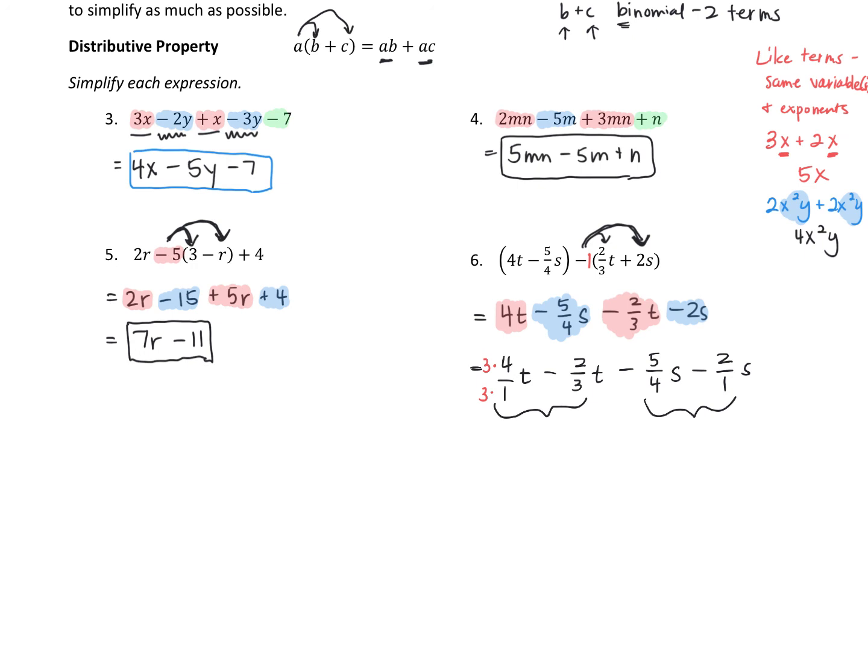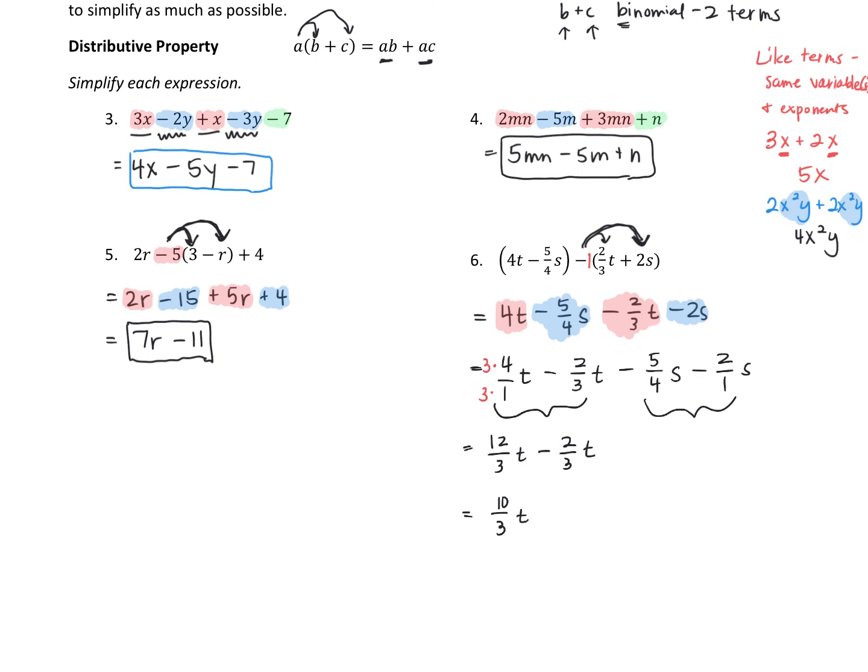So we would multiply by 3/3 and I would get 12/3t minus 2/3t. I guess I can go ahead and just finish the t's off. So 12 minus 2 is 10. So I would get 10/3 t. 10 and 3 do not have any common factors, so I can't reduce that fraction, so that's done.